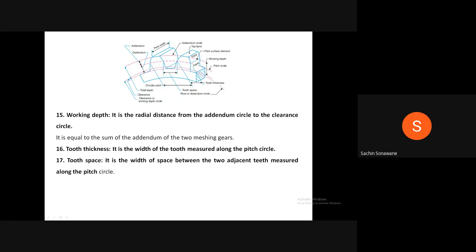Now, tooth space. It is the width of space between the two adjacent teeth measured along the pitch circle. Therefore, this is the space between the two gear teeth. This space which is measured along the circumference of the pitch circle is known as tooth space.